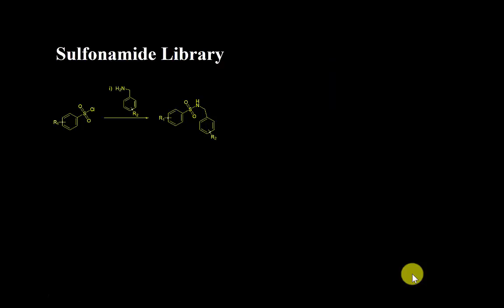Here is one real example. To make this sulfonamide library, let's say we do a coupling of an amine group with a sulfonyl chloride group. The amine group attacks here and forms this sulfonamide as a product. In this case, if you utilize a solid phase bound amine group, this amine group can attack the sulfonyl chloride, attach this reagent onto the solid support, and then you filter off.